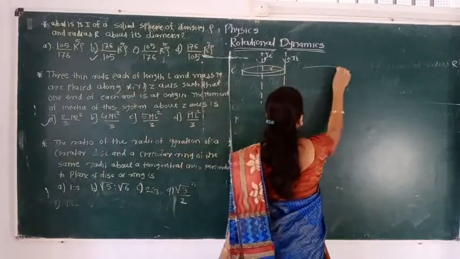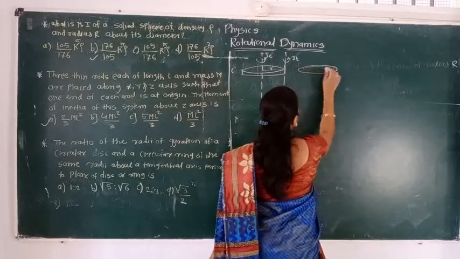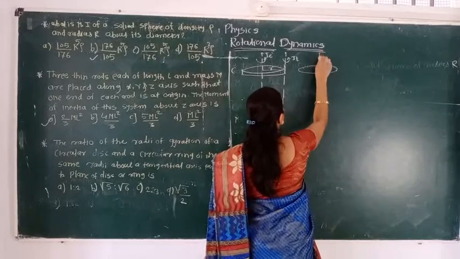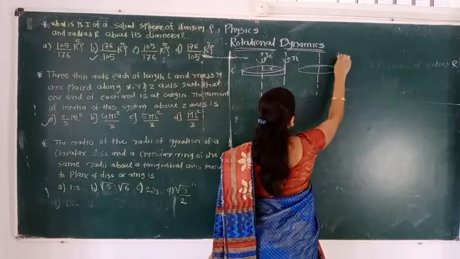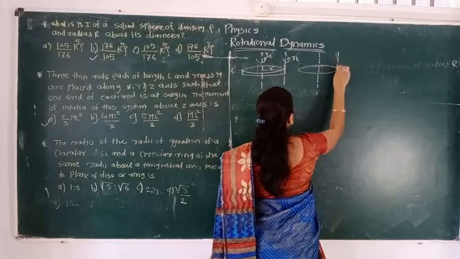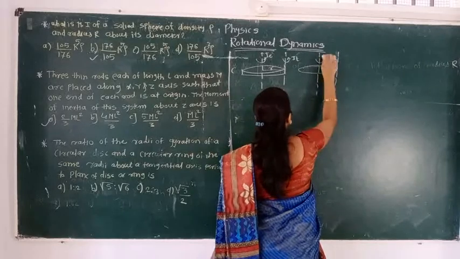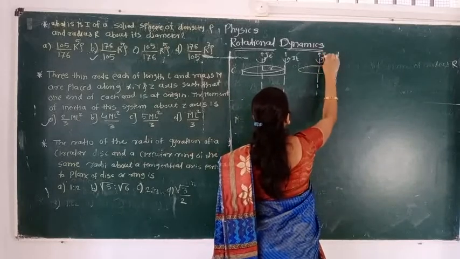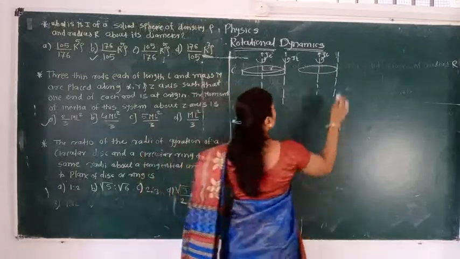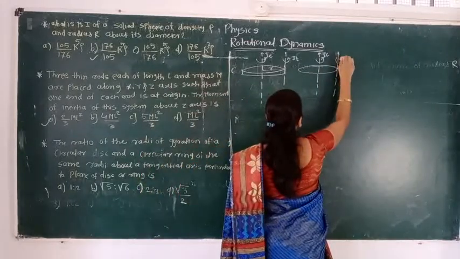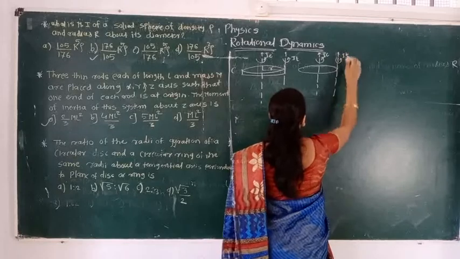Next is the ring. Moment of inertia of a ring about an axis passing through the center, and moment of inertia of a ring about an axis passing through the tangent.